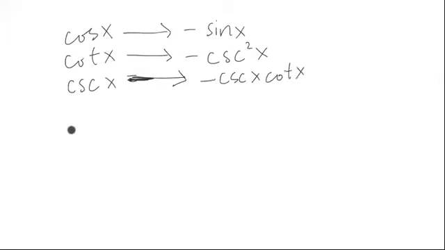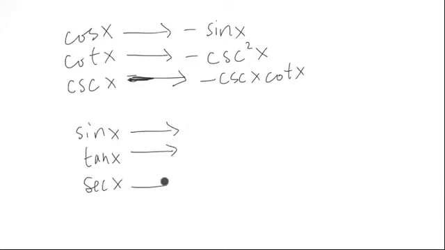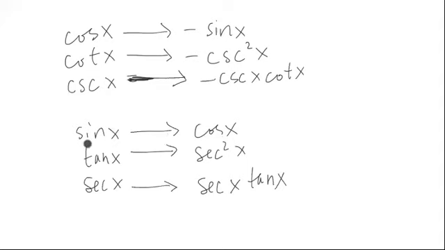Now if we move to sine, tangent, and secant, notice something very similar: cosine x, secant squared x, secant x tangent x. Notice, at least for these, there's no co at all in the result. But for all of these, we have plus every time. Only when we have the co are there negatives.